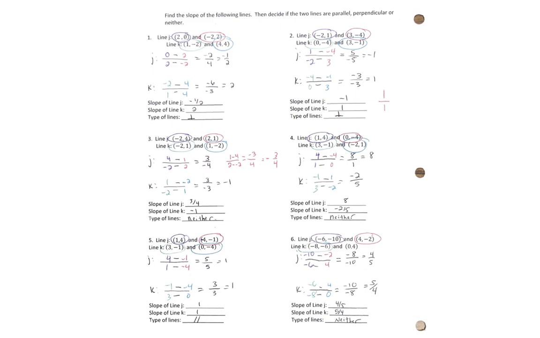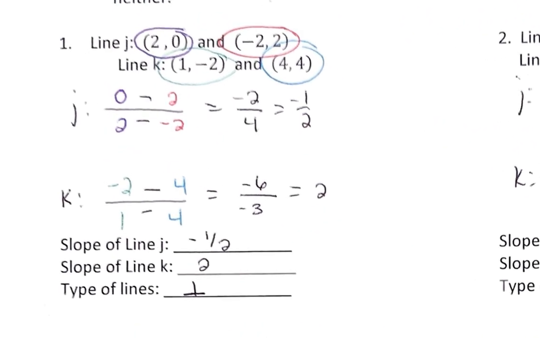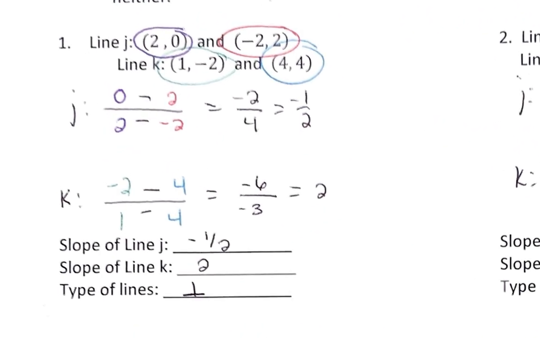So number 1, we should have ended up with the slope of J being -1/2, the slope of K being 2. Now, if you didn't get that, look at your actual slope, right? For J, we had to do 0 - 2 over 2 minus -2. So that ended up being -2/4. And if you reduce that fraction, it becomes -1/2.